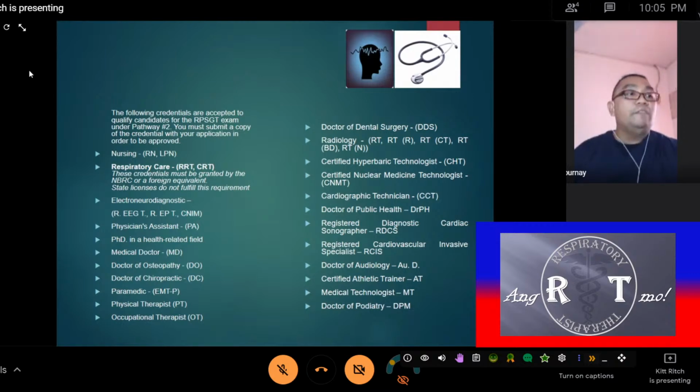If you have a physician's assistant certificate, a PhD in a health-related field, or if you are a medical doctor, a doctor of osteopathy, a chiropractic doctor, a paramedic, a physical therapist, an occupational therapist, a doctor of dental surgery, a radiologist, including a radiologic technologist or an X-ray technologist, a certified hyperbaric technologist, a certified nuclear medicine technologist, a cardiographic technician, a doctor of public health, a registered diagnostic cardiac sonographer, a registered cardiovascular invasive specialist, a doctor of audiology, a certified athletic trainer, a medical technologist, or a doctor of podiatry.